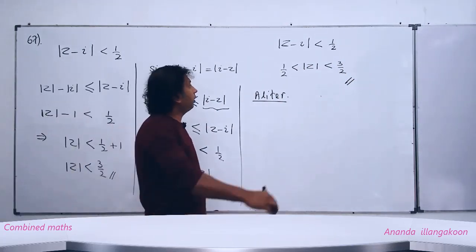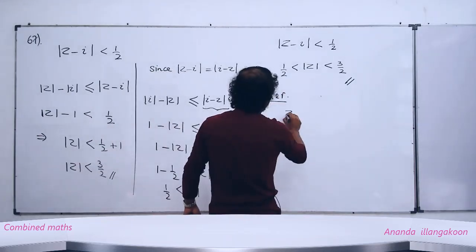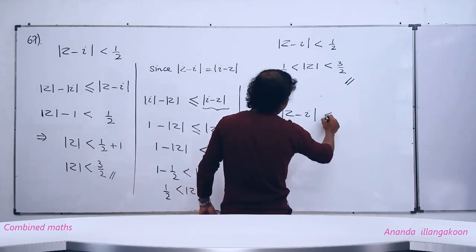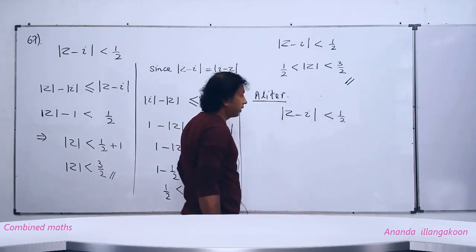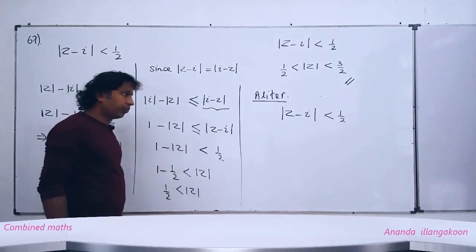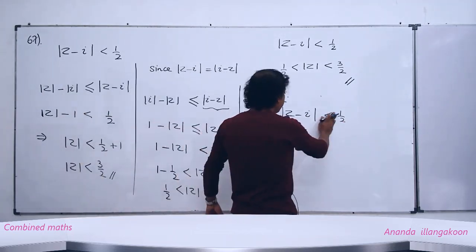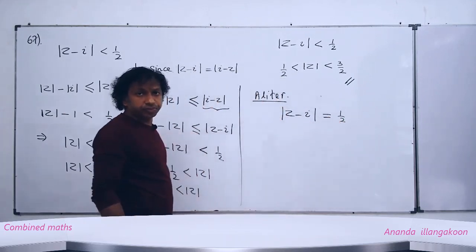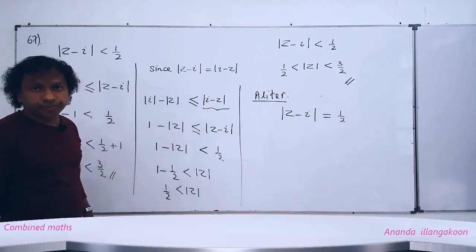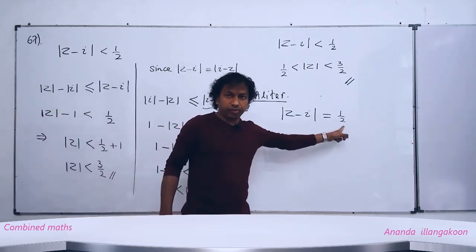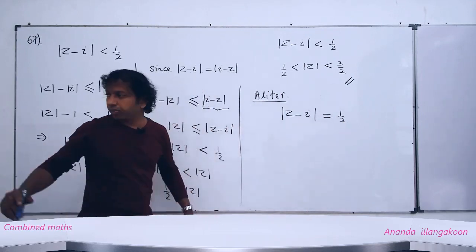Can you tell me what is this |z minus i| less than half? What's the easiest way of understanding this? Suppose here we have |z minus i| equals half. What is this? It's a circle with center at i, radius half. Correct, no?